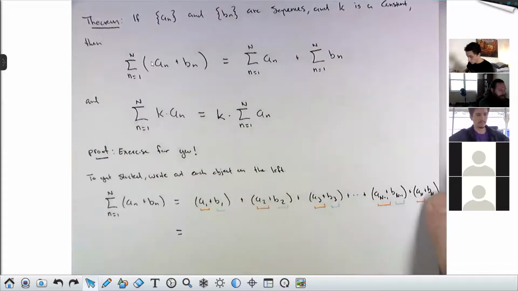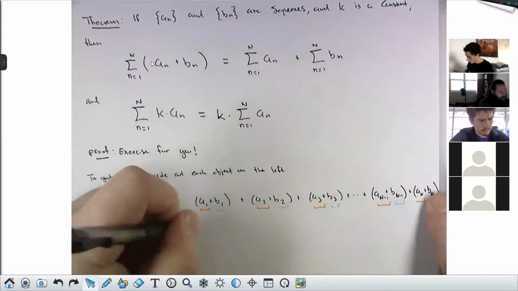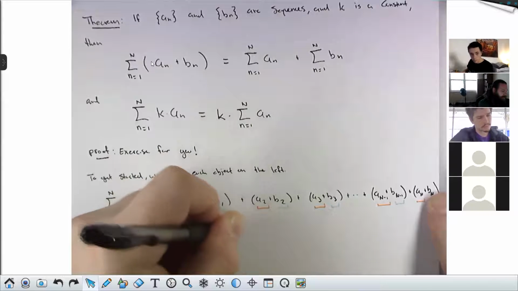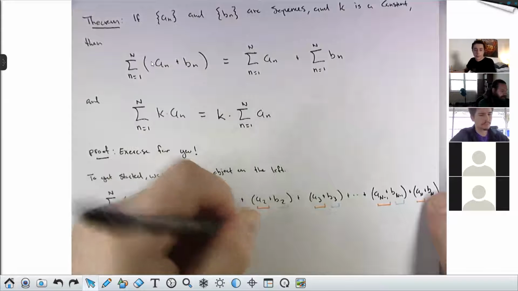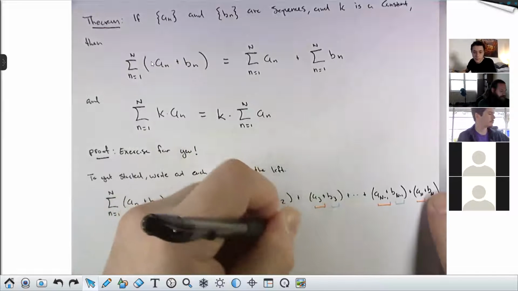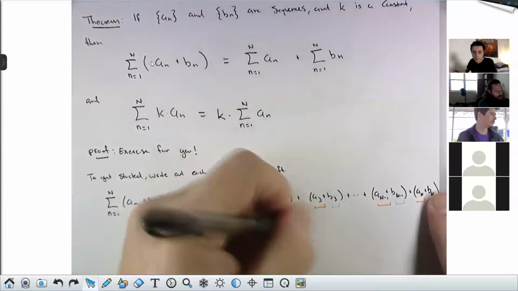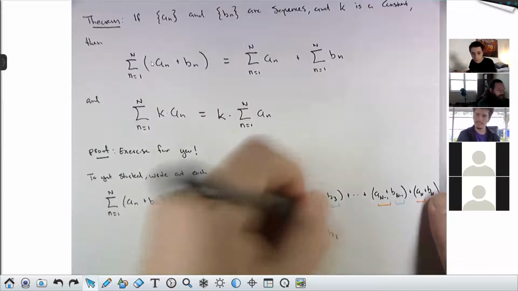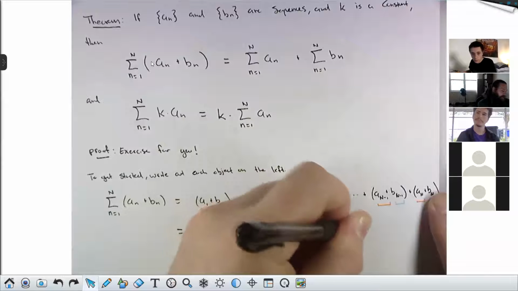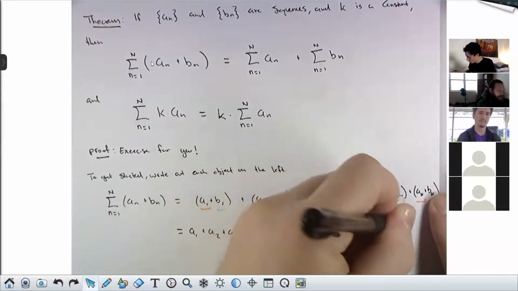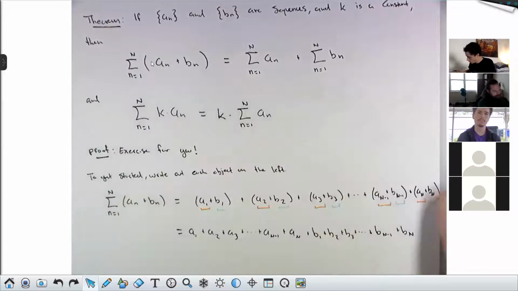So I could split this up. If I take all the orange stuff, this would be a1 plus a2 plus a3 up to a_(N-1) plus a_N. And then if I take all the blue stuff, that's b1 plus b2 plus b3 out to b_(N-1) plus b_N. And I'll let you figure out where to go from here.